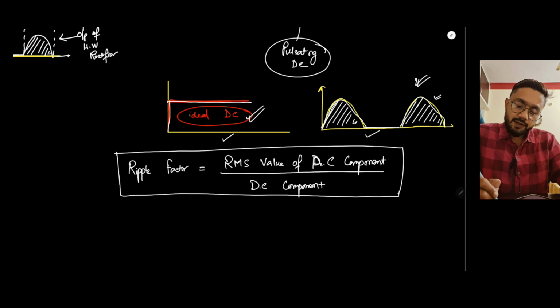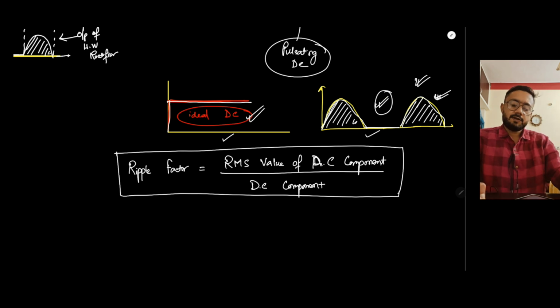So it is the ratio of the RMS value of the AC component in the output waveform of the rectifier to the DC component of the output waveform of the rectifier.